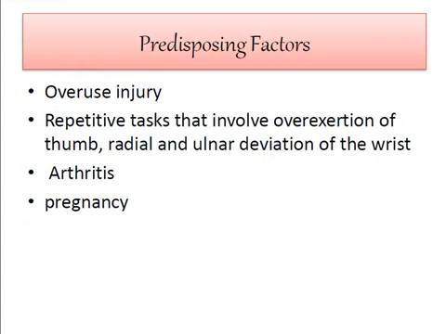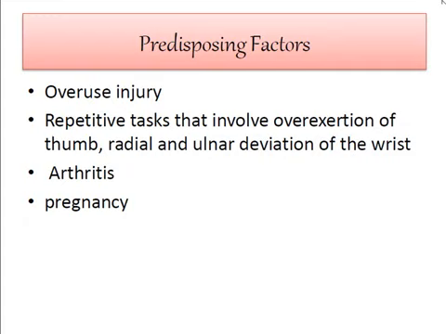If we talk about the predisposing factors, overuse injury, repetitive tasks that involve overexertion of the thumb, radial and ulnar deviation of the wrist, arthritis and pregnancy are the basic predisposing factors.